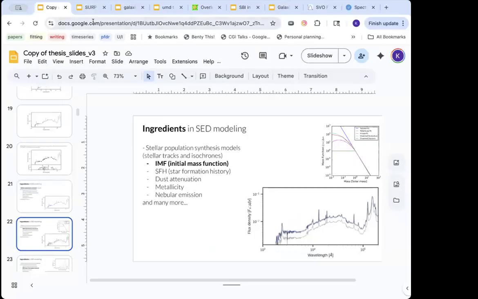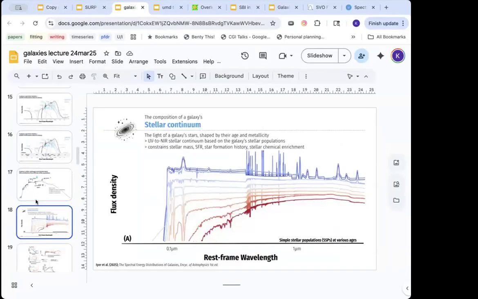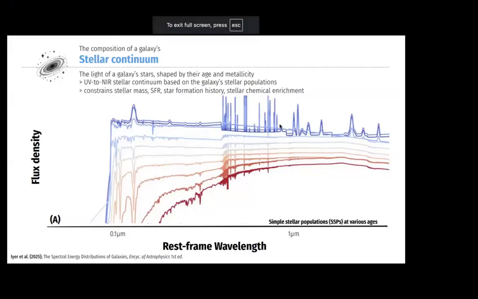Whereas if you're a gas poor galaxy and you do not have any gas that can be excited, then you will have a spectrum that looks more like those red ones, which do not have a lot of emission lines, but have some absorption features.